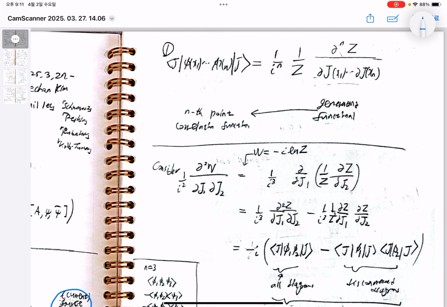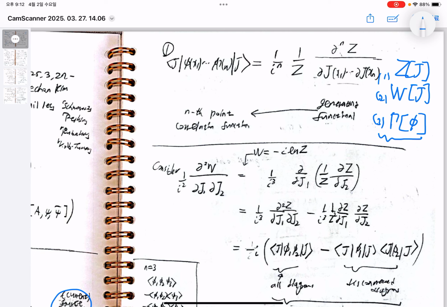So let's talk about these three quantities: the generating functional, the generating functional of the connected diagrams, and the 1PI effective action. How can we know what these quantities represent?